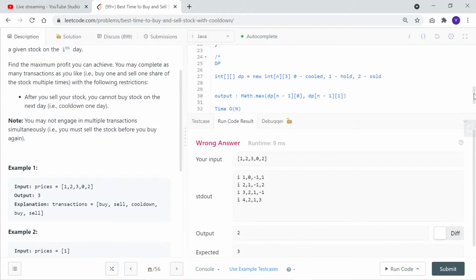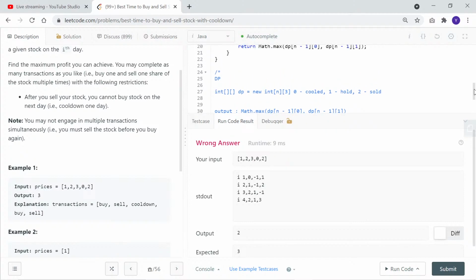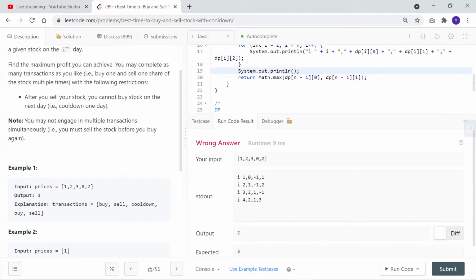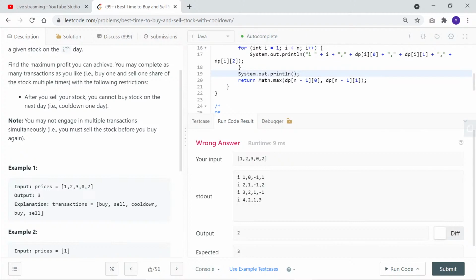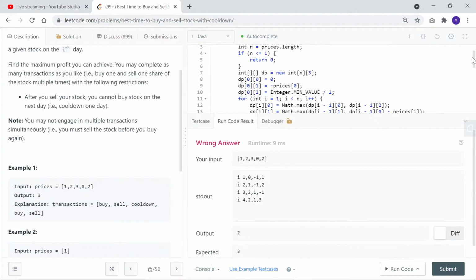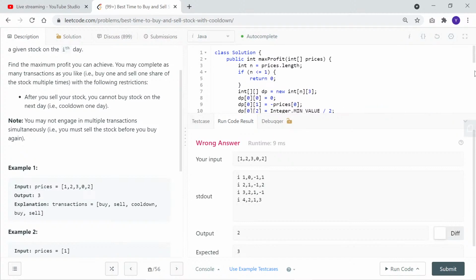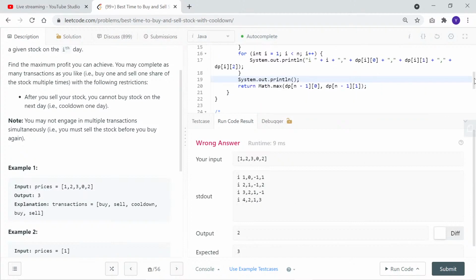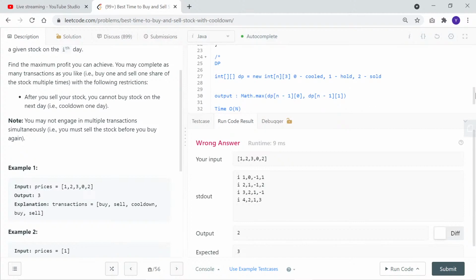If it's sold, the max profit is 1. So in the last one, the max profit at state 2 is 3.